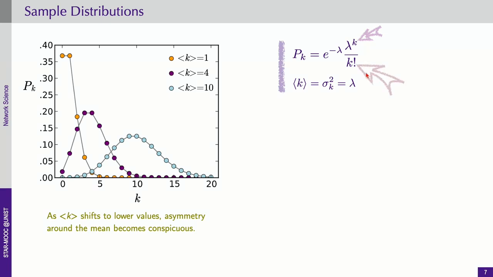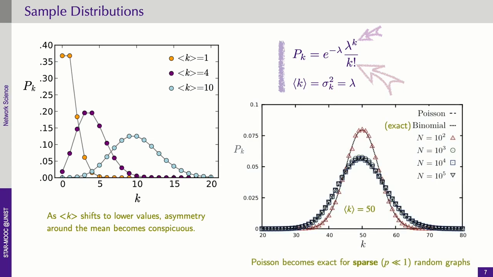As mentioned in the previous slide, the Poissonian approximation is good enough as long as the mean degree is much smaller than the network size, or when the linking probability P is much, much less than unity.